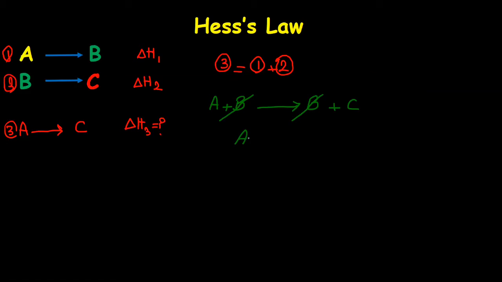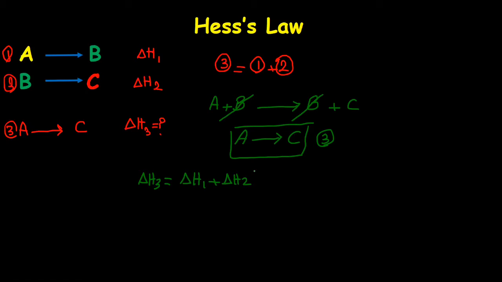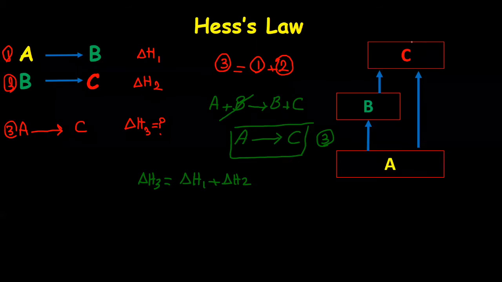So the result is A gives us C. So reaction number 1 plus 2 is reaction number 3. As a result, we can say delta H3 is equal to delta H1 plus delta H2, as the law of conservation of energy. Let's look at the diagram.